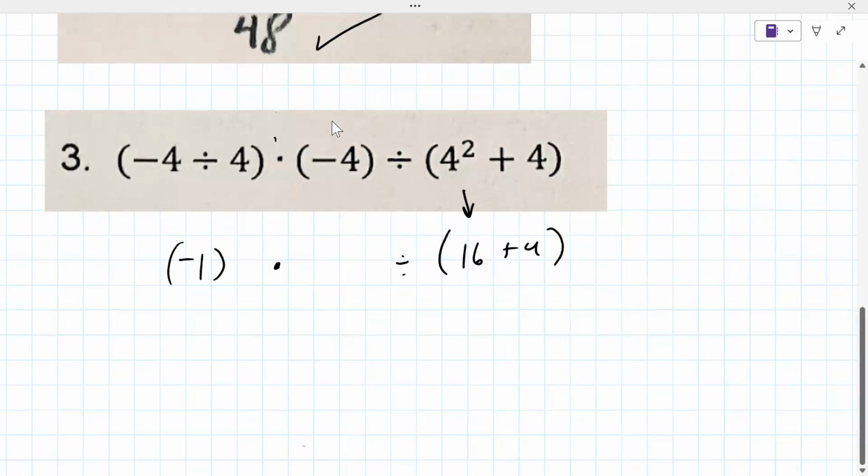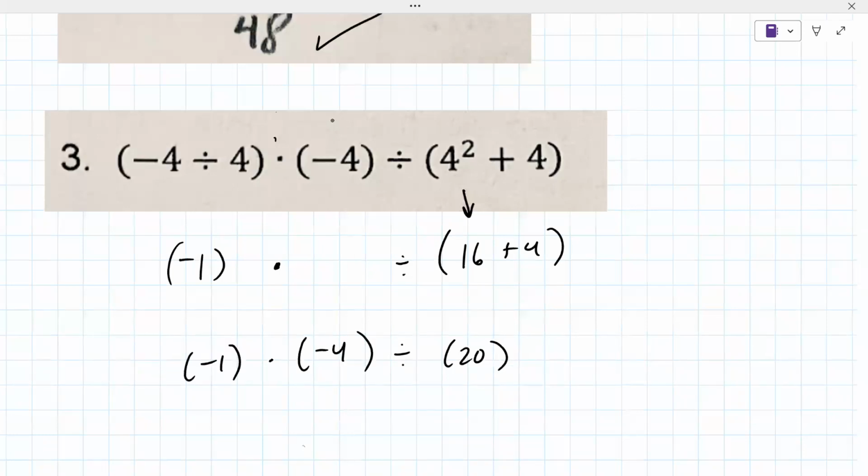Okay. So 16 plus 4 gets you down to 20. Okay, hang on.